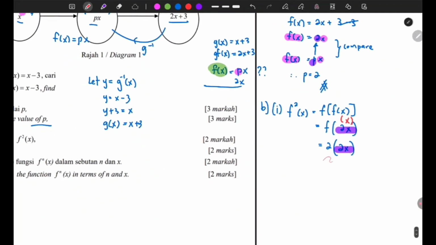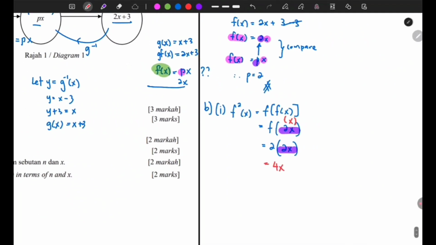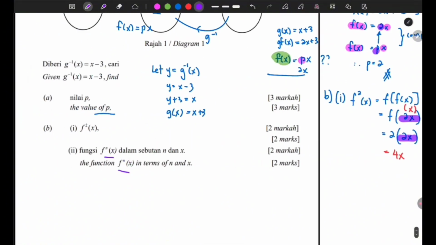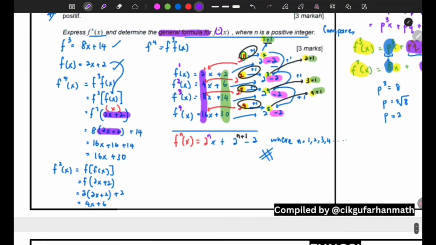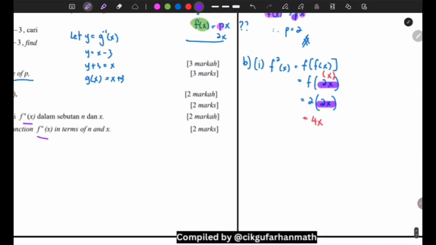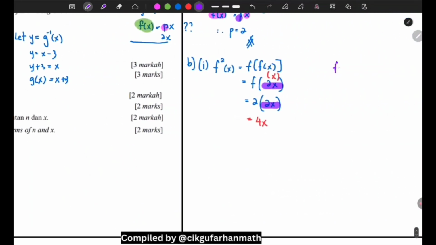So 2 times 2 is 4x. So as you can see the pattern, because they also ask function f^n(x), which means something similar like this one, generating a formula. So you list down first, easy to see. Your f(x) is 2x, f square x is 4x.